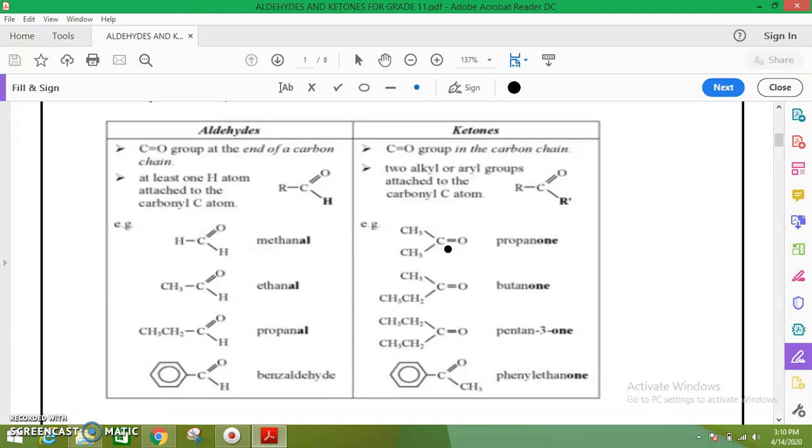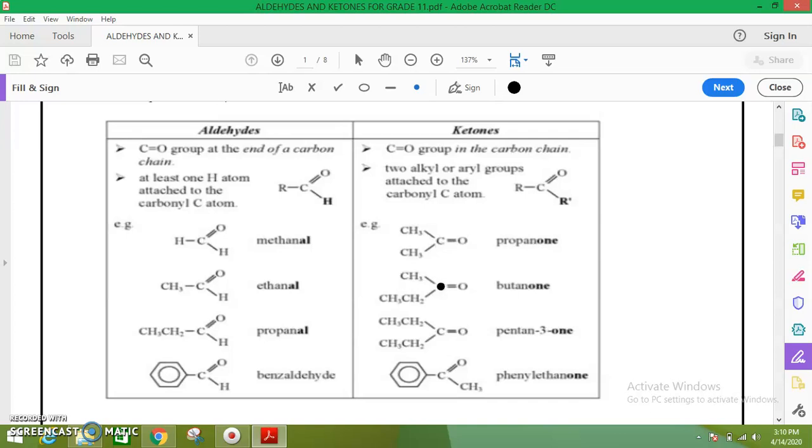Examples for ketones: you can see this carbonyl compound, here the carbonyl group, here the carbonyl group, this carbonyl group. Here we have CH3, CH3, methyl, but in total how many carbons? 1, 2 and 3. If we have 3 carbons and it belongs to ketone, we call it propanone.